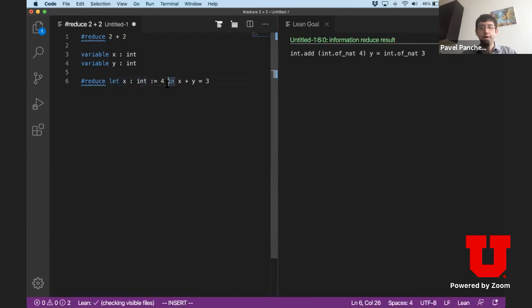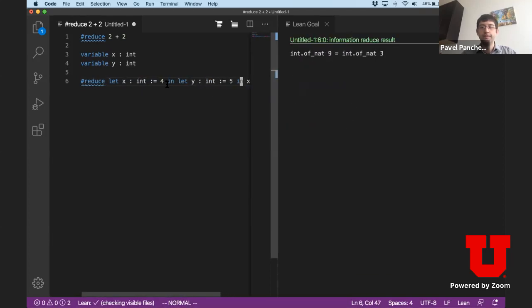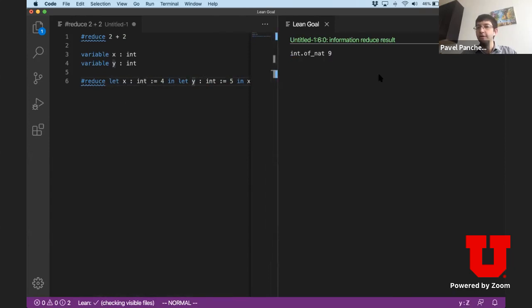And furthermore, if I go ahead and give a value to y as well, you can see that I still got this equals 3 thing going on. Now you can see that Lean has fully computed this whole expression and told me that the result is 9.